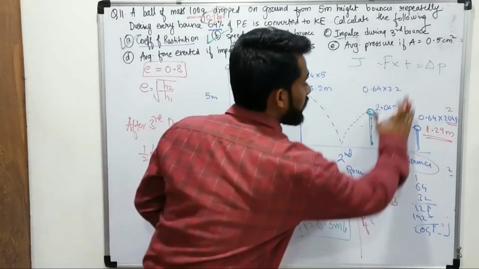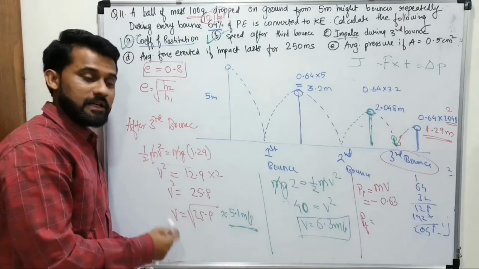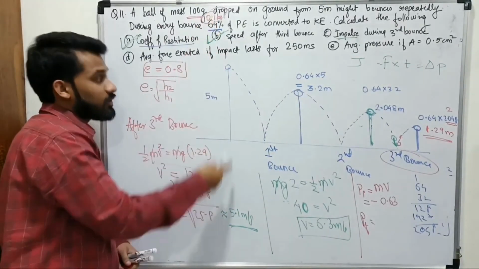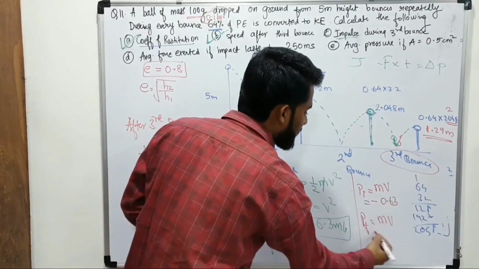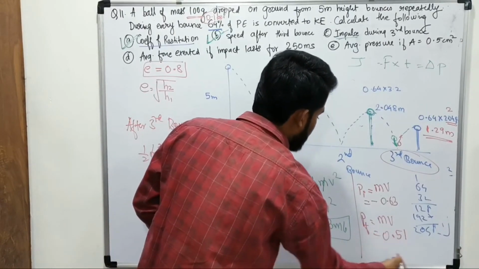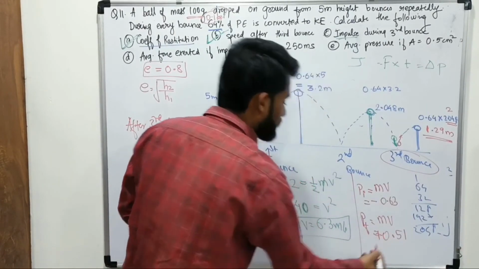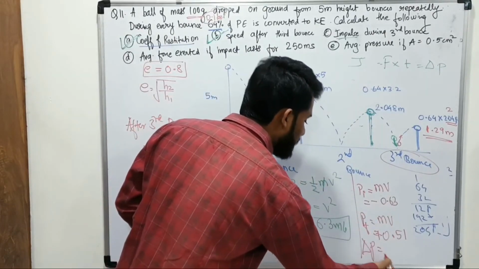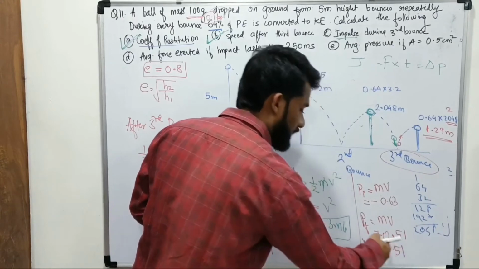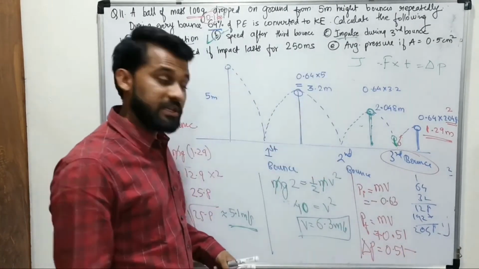After collision the ball is moving up with this speed. So उसका final momentum कितना आएगा after collision? Mass into velocity. So उसका mass into velocity करेंगे तो it will be 0.51, but this will be upward, so positive. And change कितना आएगा? This minus this. So change in momentum will be 0.51 final minus initial. What is initial?